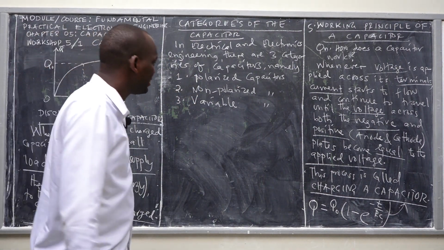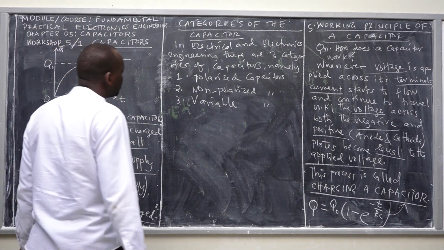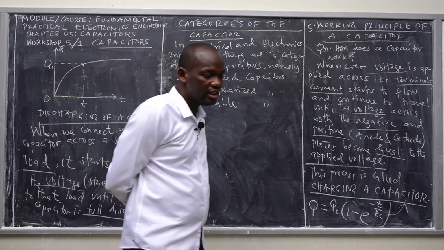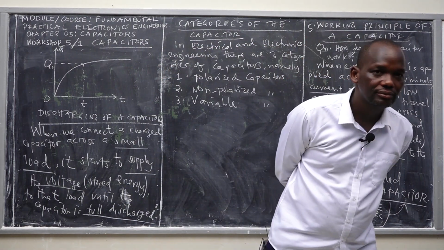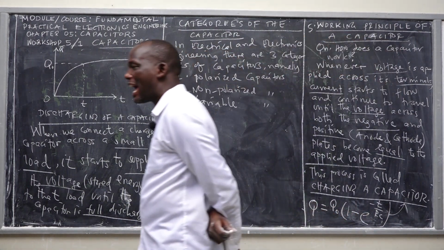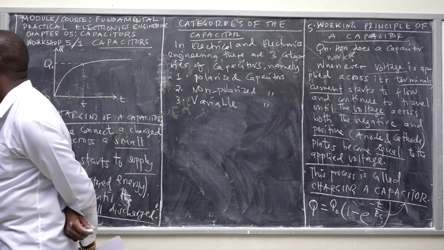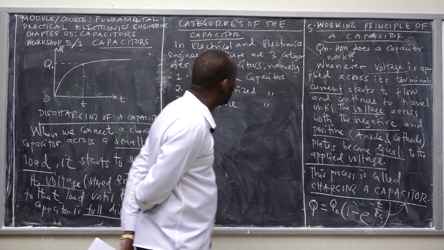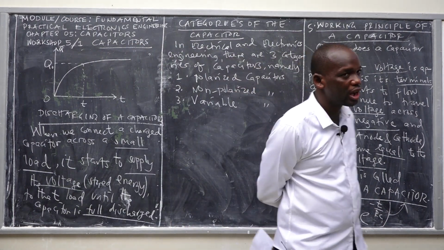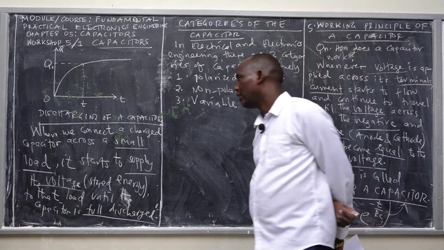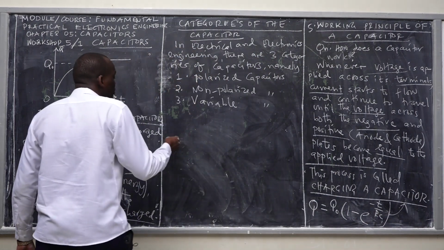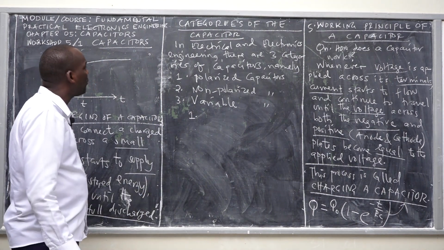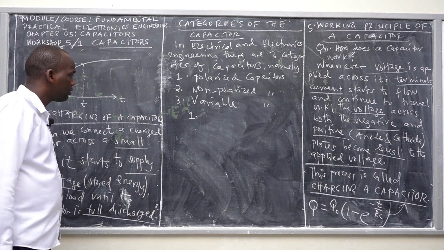So there are 3 categories of capacitors. Say polarized capacitor, non-polarized capacitor, and variable capacitors. So let me introduce to you each category, and then it will be the end of our workshop.